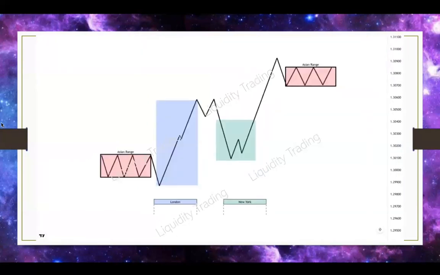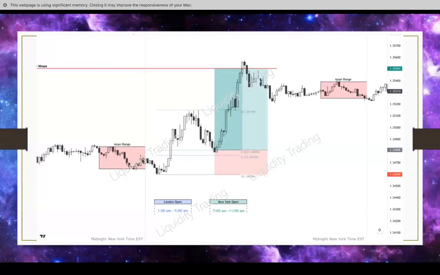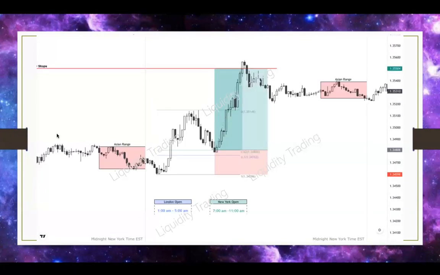It's exactly the same pattern happening in the market almost every single day or every second day, especially if you're looking at multiple pairs, the US dollar currency pairs. You will notice this pattern happen almost every day.